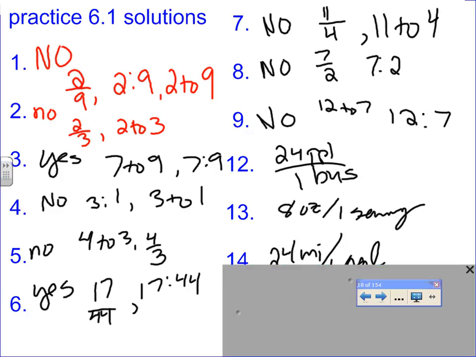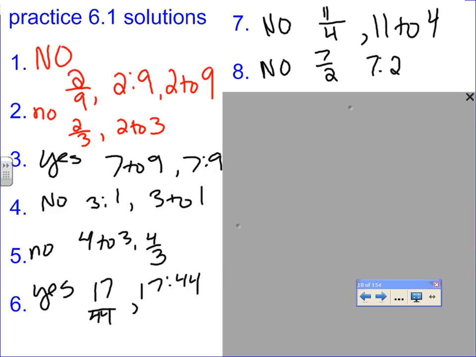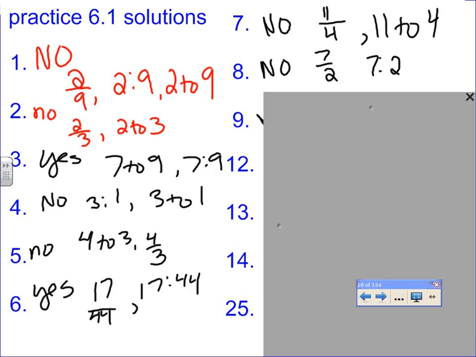Okay. All right, number 7, since it's already up here, 7 is no, 11 over 4, 11 to 4. Number 8 is no, 7 over 2, and then the other one is 7 colon 2. Remember, there's always 3 different ways to write a ratio. We talked about that Friday. Skylar, number 9. 4 goes into each of those on number 9.